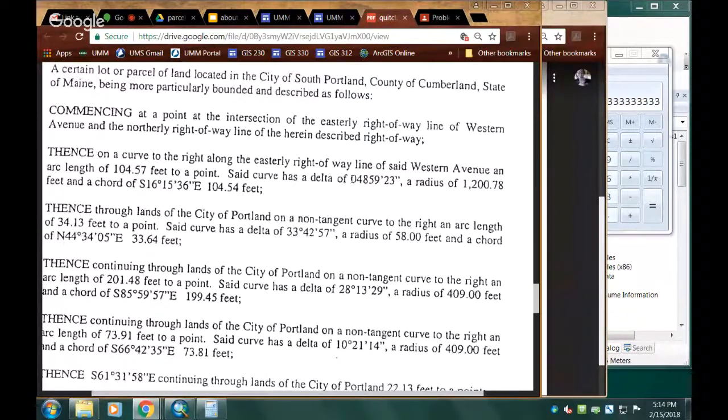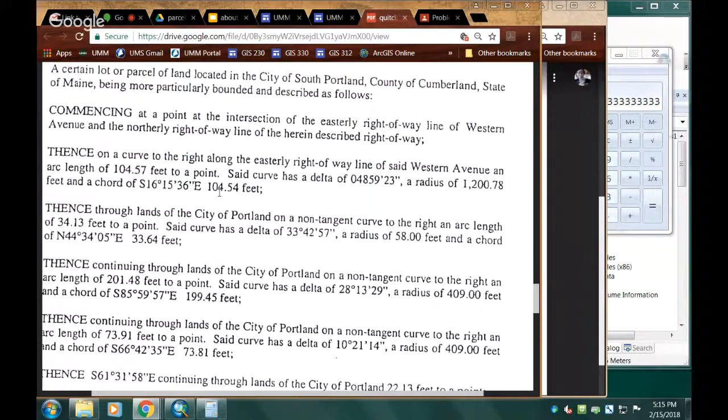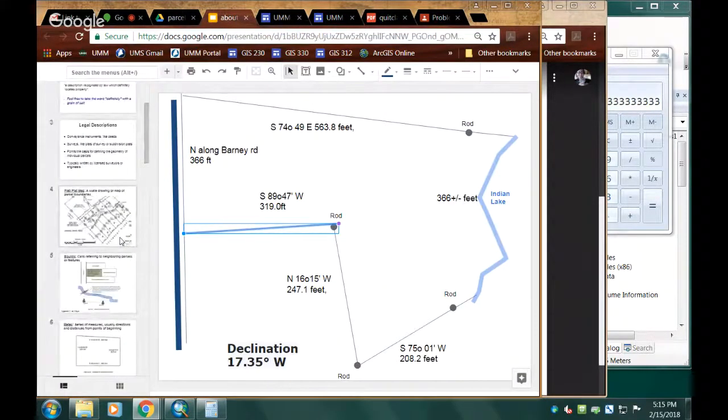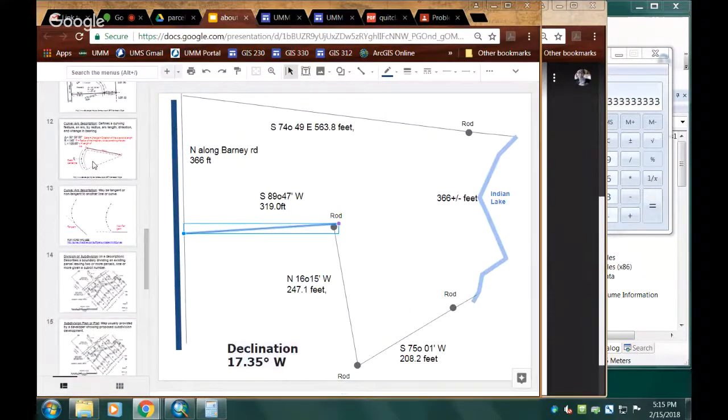The curve has a delta, meaning the change in angle of that much, and a radius of 1200.78 feet, and a chord of, in that direction of 104 feet. So let me go back here. There it is.